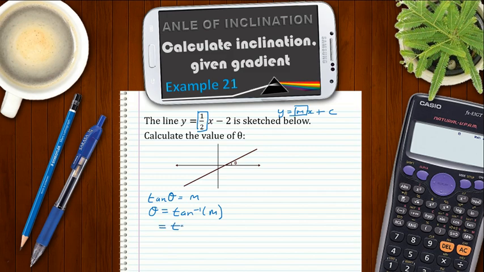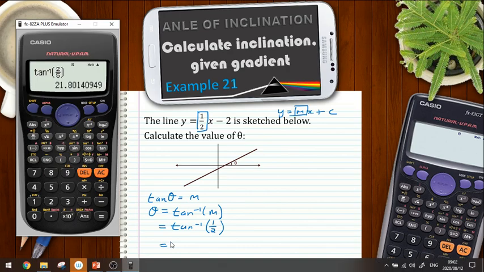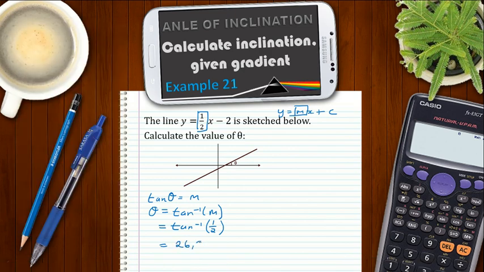So this is then tan minus 1, the inverse of tan of a half, and calculating that, shift tan, then 1 over 2, and that gives me 26,57, rounding off to 2 decimal places, so 26,57 degrees.